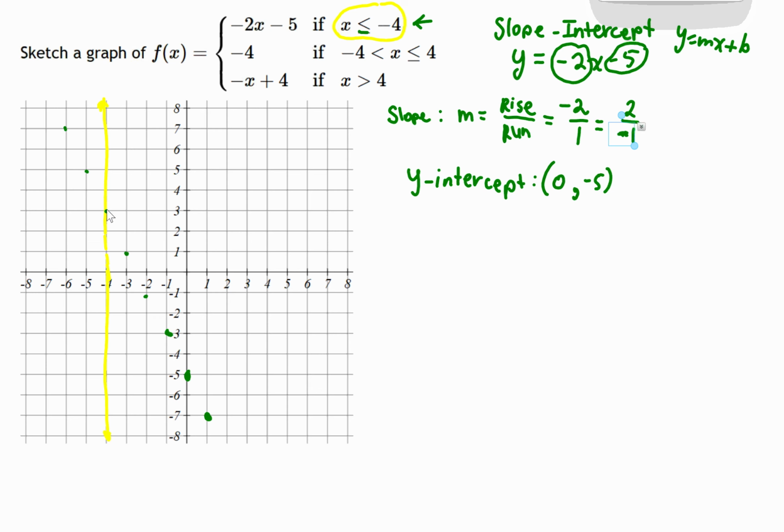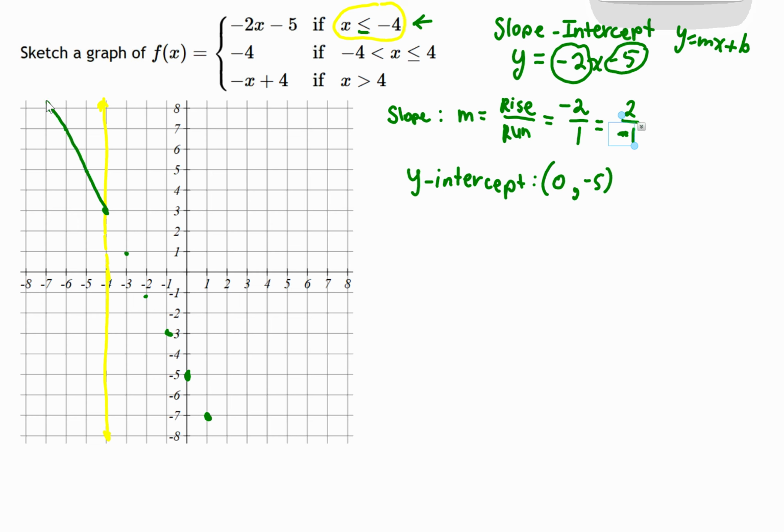So we're going to have a closed point right on the grid line where x equals negative 4, and then we're going to draw the line into that region where all the x values are less than negative 4. I did my best to connect those, but I kind of missed that second point a little bit. So I'm going to do it again just to make it nicer, be as accurate as possible.